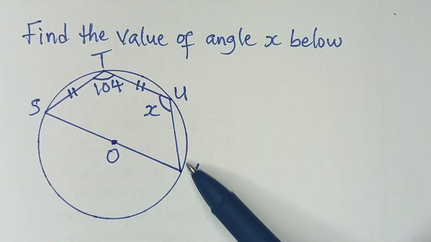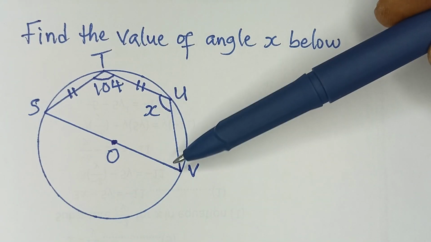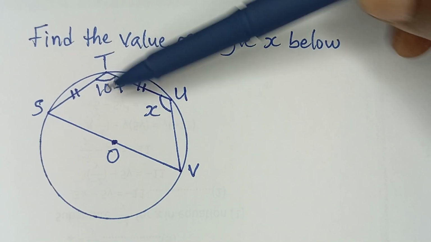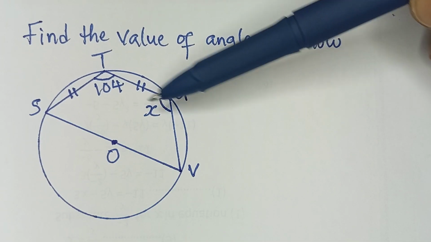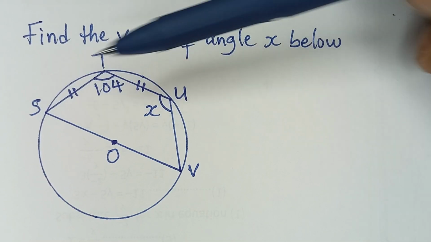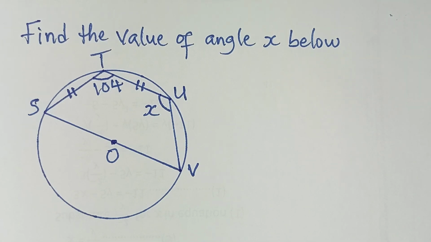Looking at this quadrilateral, you will agree with me that these two sides are the opposite angles of the quadrilateral, and these other two sides are the opposite angles of the quadrilateral.